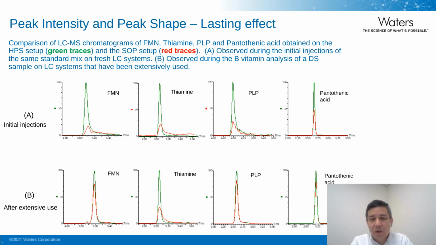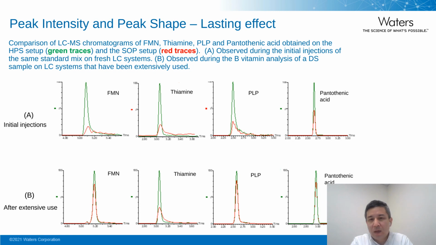And then after extensive use, what I mean here is that after at least 50 injections of samples and standards, and the system already been exposed to the analyte, and some of the active sites on the surface already been saturated with analyte, so there's less and less absorption occurring in the following injections. So in this period, the difference between the green trace and the red trace is becoming smaller.